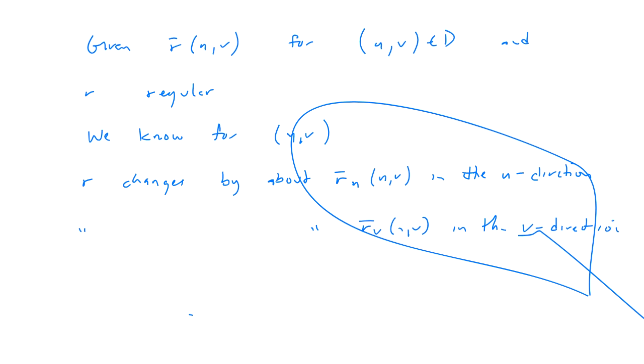So R, we know that at the point UV, R changes by about the partial derivative with respect to u in the u direction. In this case, I'm making R now generic, but we could do the last example, the z equals 5 minus x squared minus y squared, and parameterize it, which we'll do in a bit. So R is a function that has a two-dimensional surface in 3 dimensions.